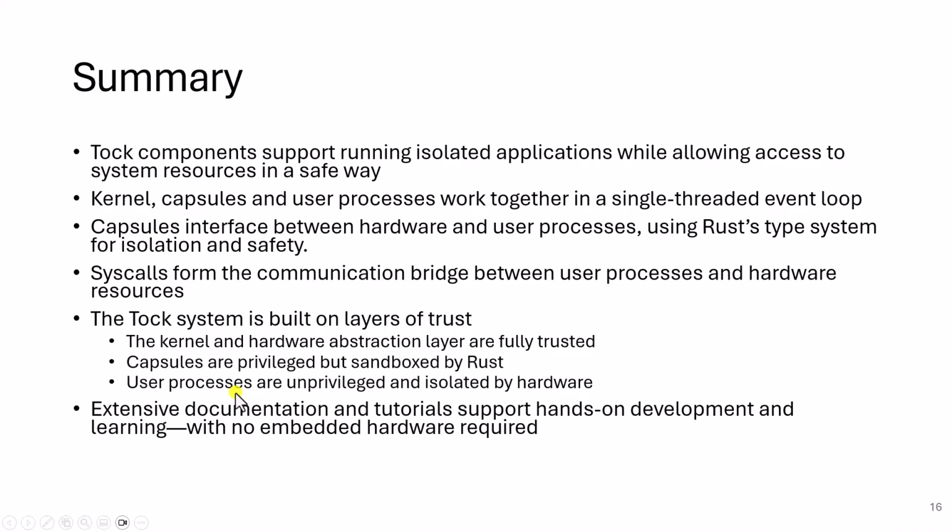What's also great about the Tock operating system is that there's extensive documentation and tutorials to support hands-on development. What can be difficult with learning embedded systems is getting a hold of the hardware. And Tock has quite a few tutorials to get your feet wet without having any embedded hardware. And that's what we'll look at next.